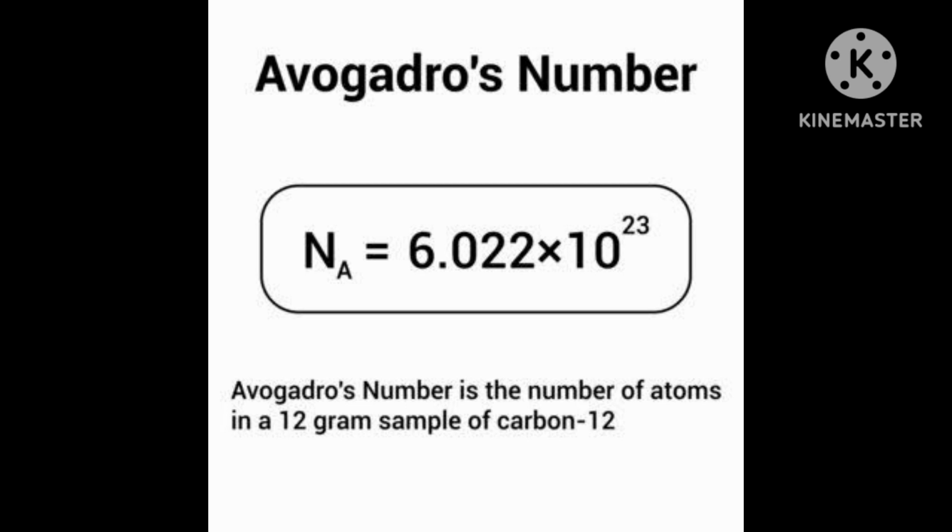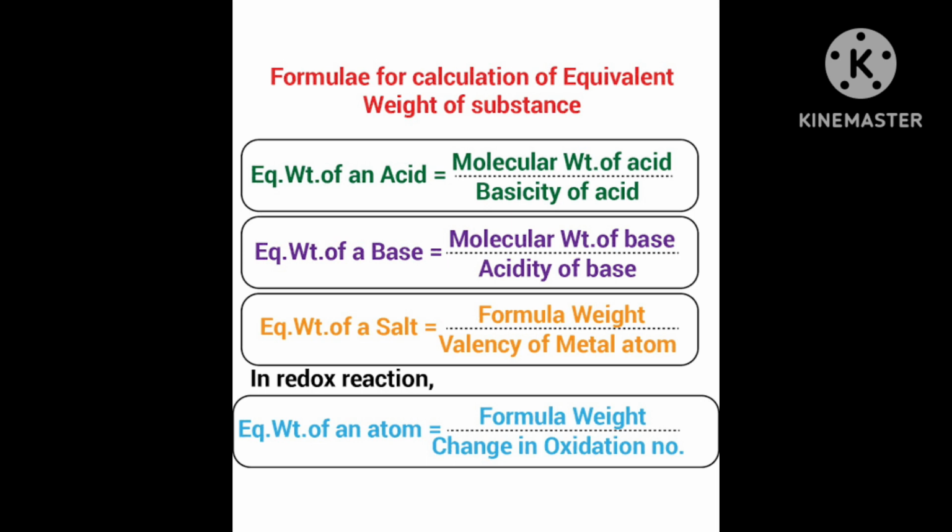The equivalent weight of a substance is the number of parts, maybe 1, 2, 3, 4, 5, this type of number.